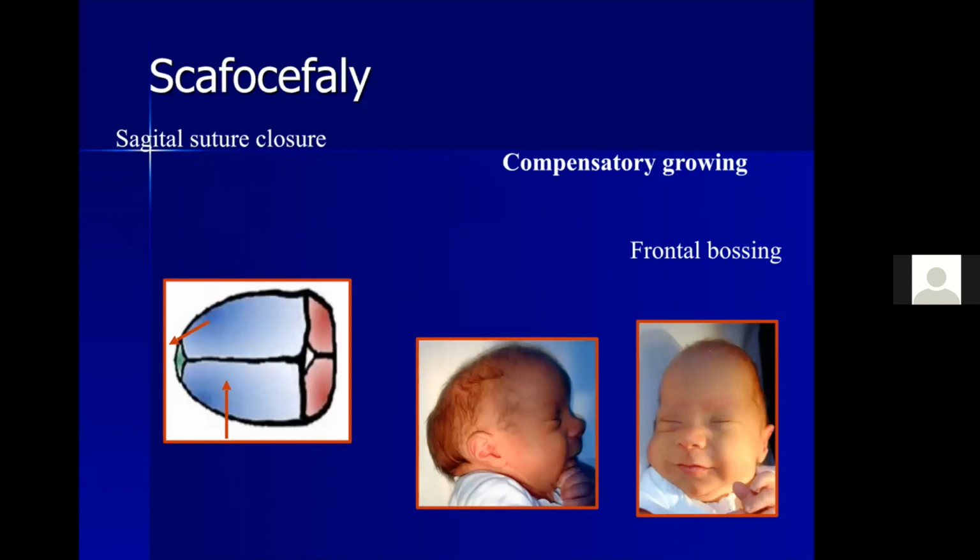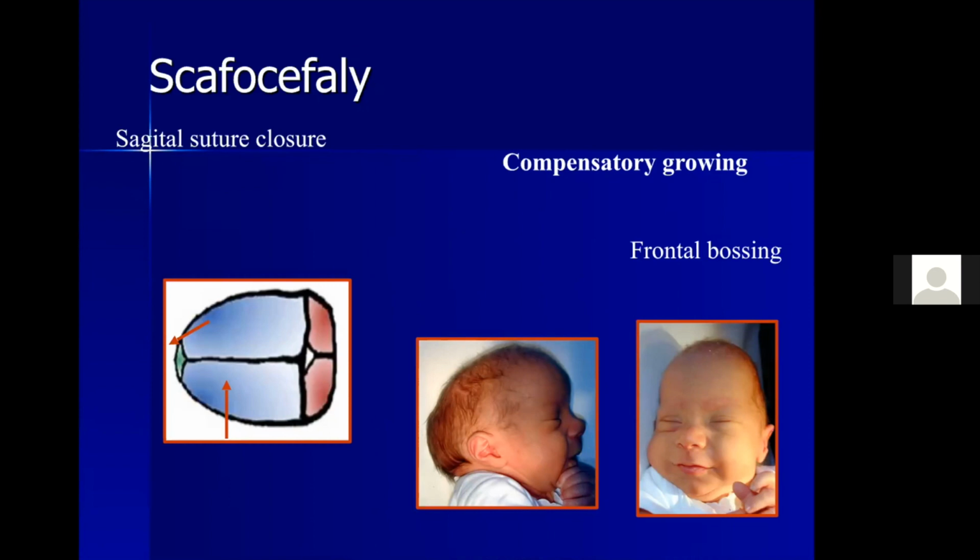So we start with the most common and simple craniosynostosis, scaphocephaly, which is due to the early closure of the sagittal suture. The head will develop this kind of elongated shape because normally the growth of the head is impossible perpendicular to the synostotic suture.